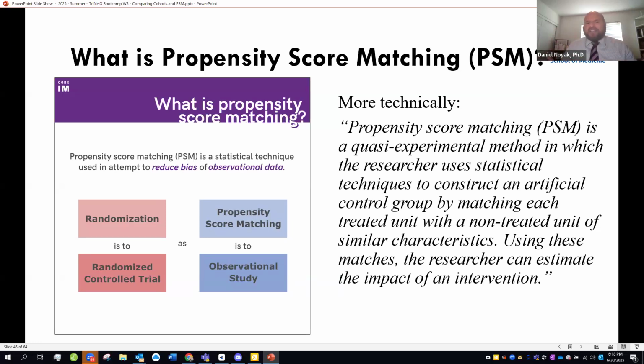We can use propensity score matching to create a sub-cohort of people that do not possess that bias, that it's much more randomized, so that along those characteristics we defined, there's no systemic bias or no systemic orientation towards having one set of characteristics versus another.